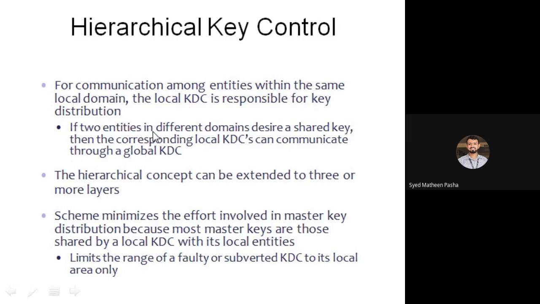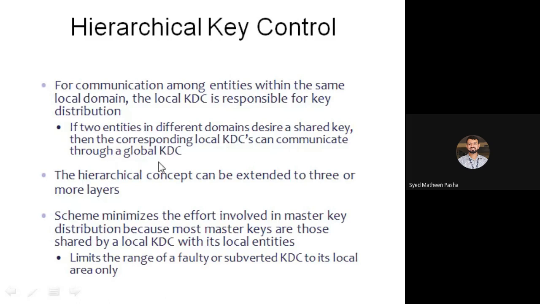Then, if two entities in different domains desire a shared key, the corresponding local KDCs can communicate through a global KDC. This is an important statement. You should remember, if user A and user B want the same key to be used, they can declare it as a shared key. While declaring a shared key, the local KDC cannot actually initiate that process. At that time, the key distribution centers communicate to the global KDC.